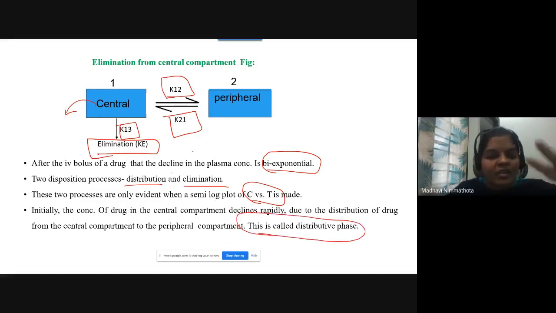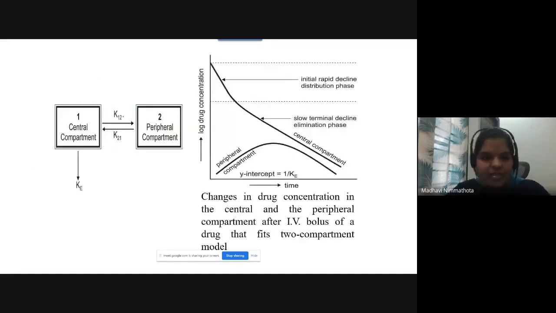So when the drug is distributed from the central to the peripheral, this is called the drug distributive phase. See here, this plot explains the changes in the drug concentration in the central and the peripheral compartments after an IV bolus dose, which follows the two compartmental open model.